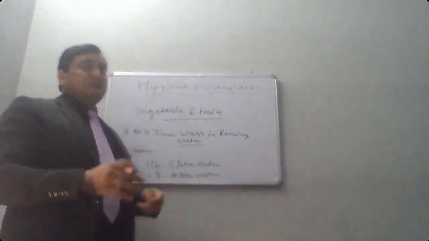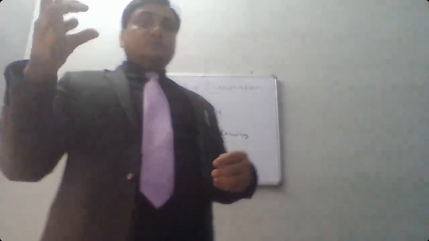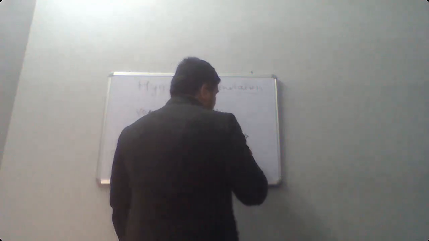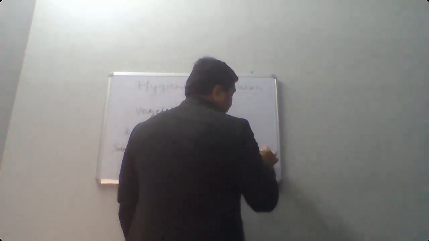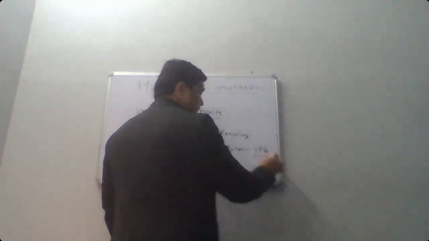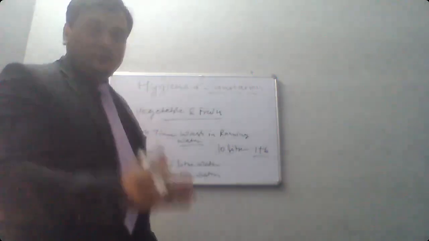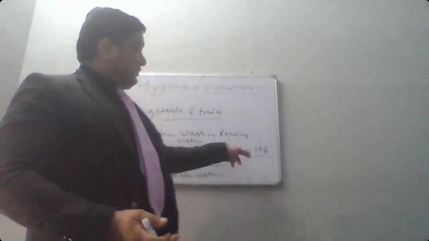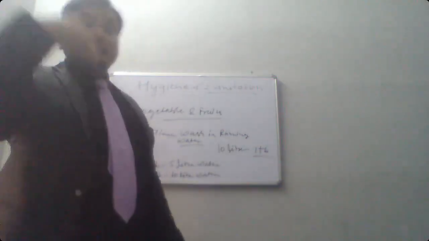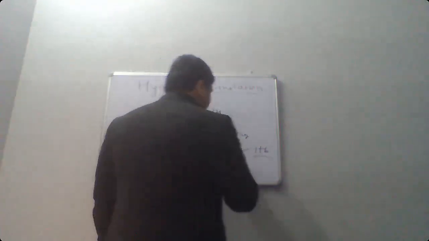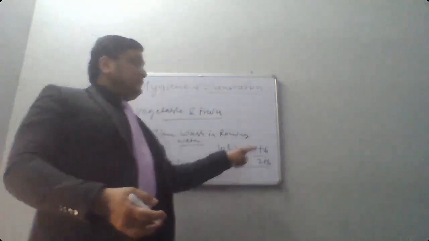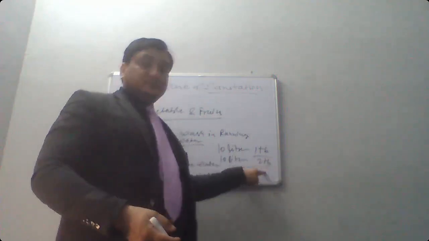Then you have to remove them. If you are using the vegetables the same day, or cutting them, or fruits, then in 10 liters of water 1 tablet. And if you are using them the next day, in 10 liters 2 tablets. So for the next day you have to use 2 tablets.